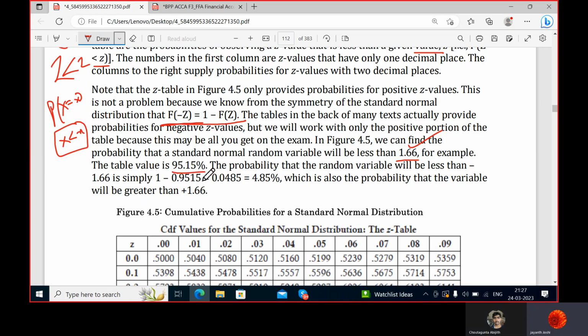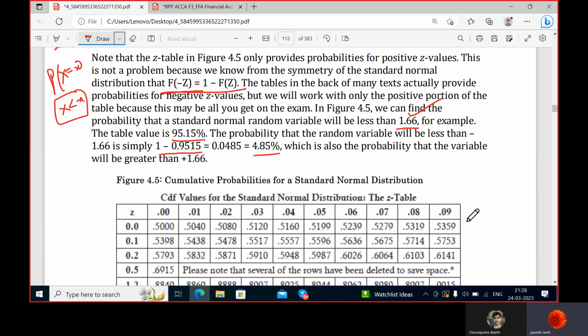So the probability of less than the negative value will be 1 minus 0.9515, correct? That will be 4.85%, isn't it so? Yes. And the probability of being less than minus 1.66 is simply 1 minus this, which is also the probability that the variable will be greater than 1.66.